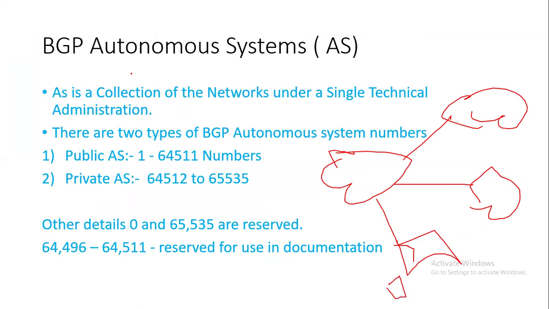So BGP must know the different AS numbers, different routers, and where the server is located. So that is the overall concept of BGP, an overview and IGP. Next session we'll talk about the external Border Gateway Protocol, and before that, we'll talk about the states.